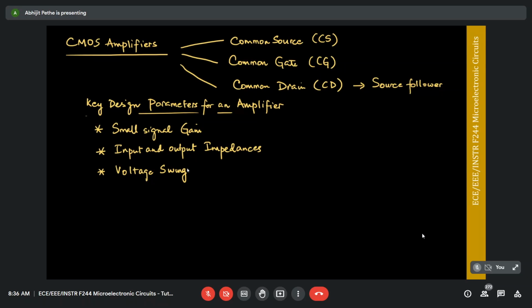What other thing can you think of? So let me give you some. Supply voltage. As I told you, sometimes you have the ability to pick a supply voltage. Many times this may not be a luxury, but if there is, you would use that as a design parameter. Other one is power dissipation, right?